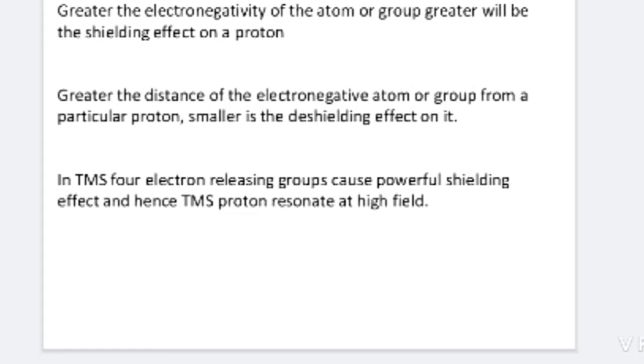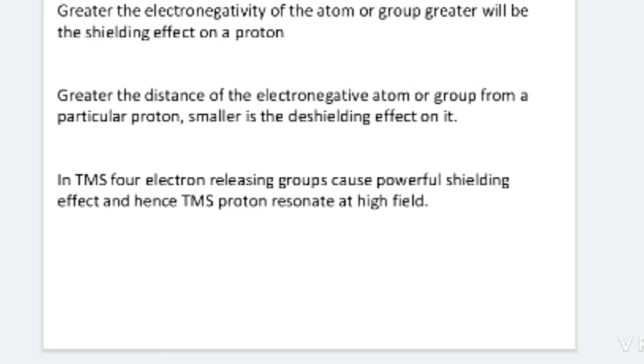In TMS, 4 electron releasing groups cause powerful shielding effect, and hence TMS protons resonate at high field. Here one new compound is there, that is TMS.